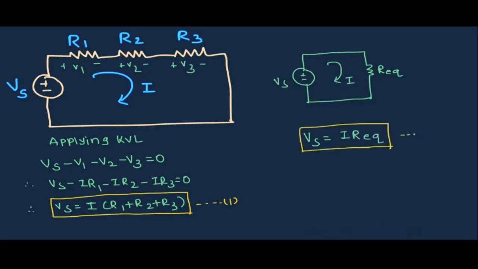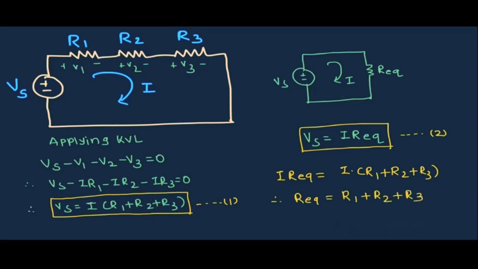Let us say this is equation number 2. Now comparing equations 1 and 2, we can write I into R equivalent is equal to I into (R1 plus R2 plus R3). That means R equivalent is equal to R1 plus R2 plus R3.